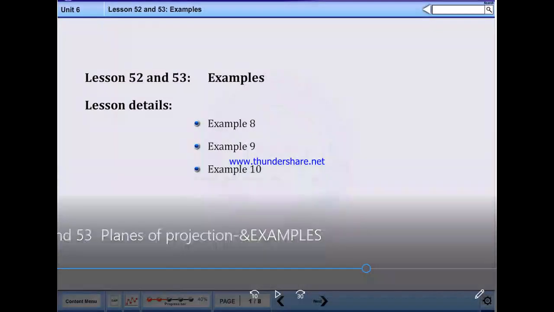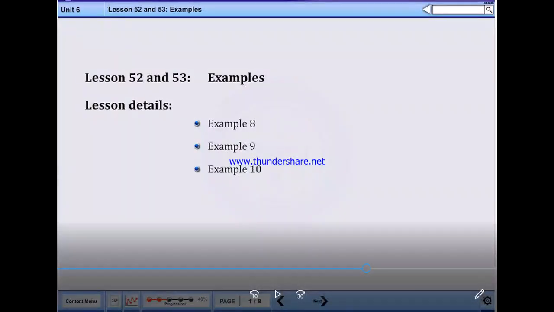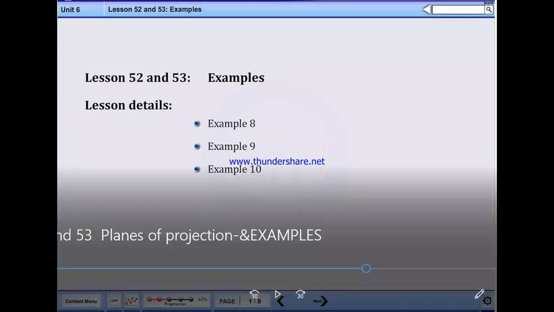Now the next topic is examples 8, 9, 10. So with this we will close here and continue in the next class. Thank you.